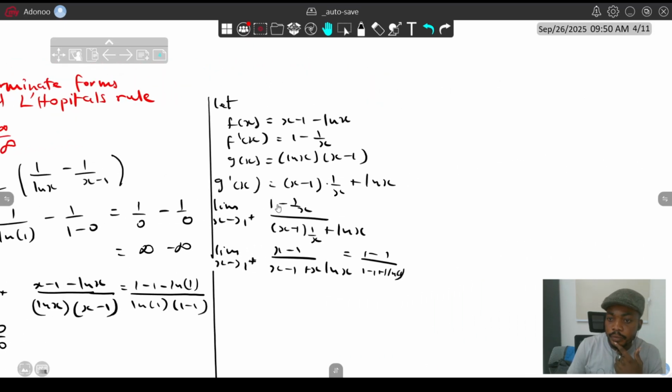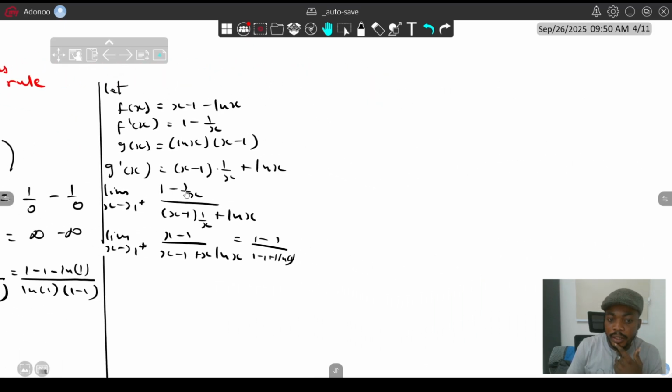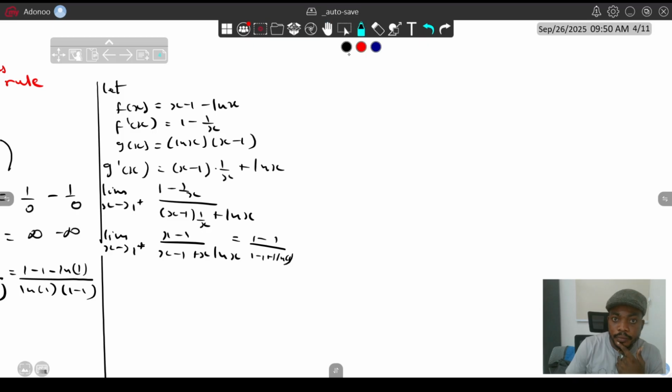Now that we have this, the rule says that so far as we continue to have the indeterminate form 0 over 0, we can continue differentiating the numerator and then the denominator, right?